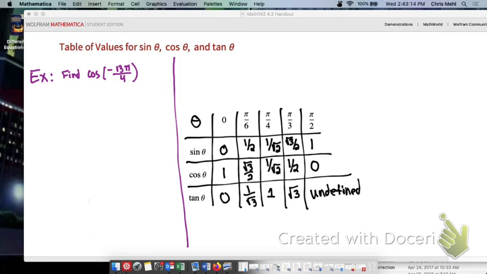One is to first notice that cosine is an even function. We talked about this earlier. So it ends up being true that cosine of negative 13 pi over 4 is the same as cosine of positive 13 pi over 4. Now, the angle 13 pi over 4 is not between 0 and 2 pi.